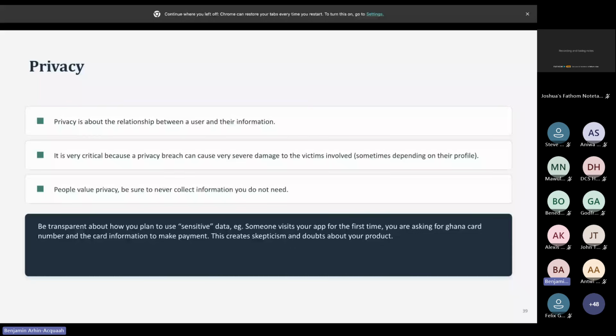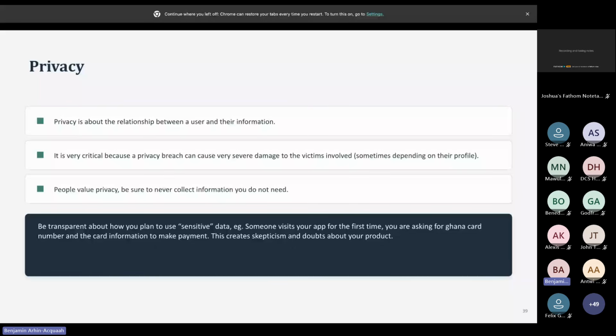It's very critical because a privacy breach can cause very severe damage to the victims involved. Sometimes, depending on their profile or status, if a high profile person suffers a breach of privacy, that's dangerous because this person is probably known.